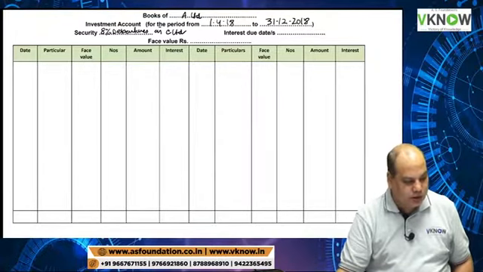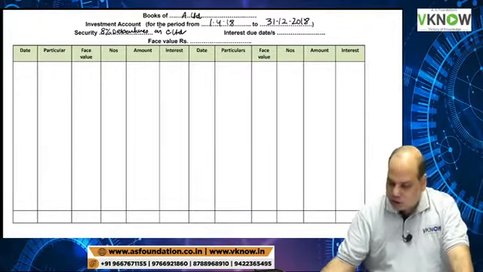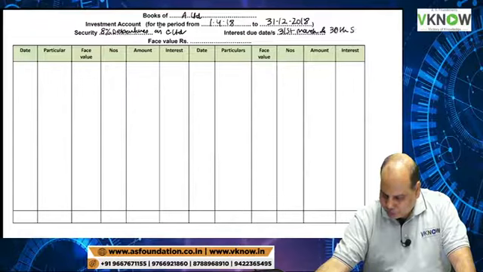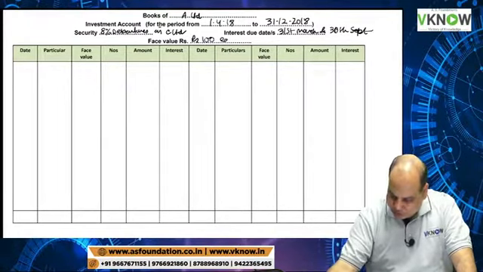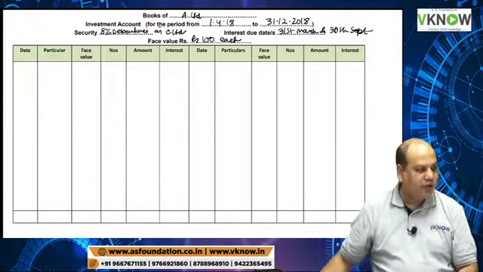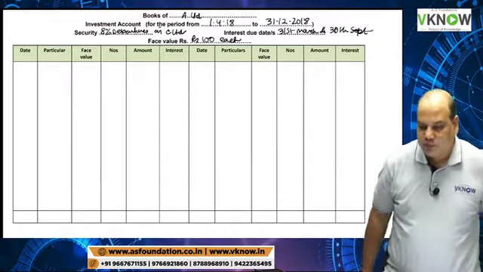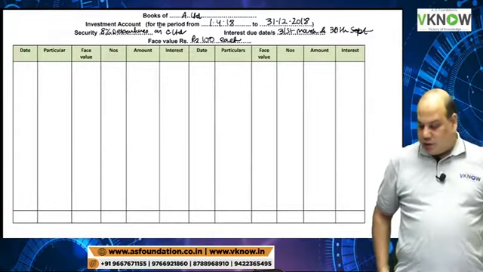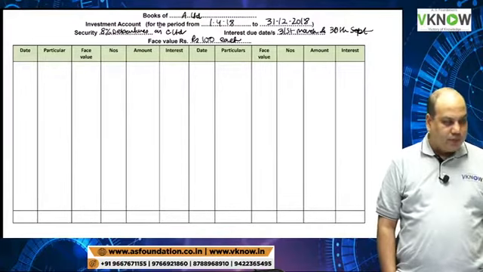Interest due dates are 31st March and 30th September. Face value is rupees 100 each. Now draw the format. We will write the answer in our format so that you will practice nicely.